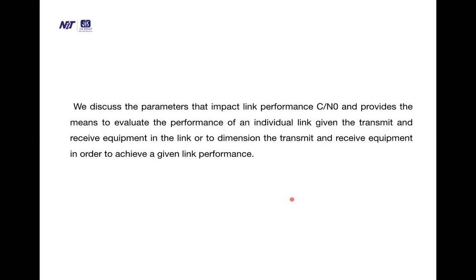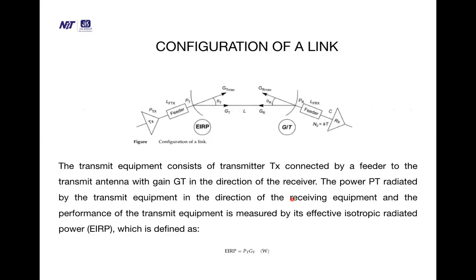We discuss the parameters that impact link performance C/N0 and provide the means to evaluate the performance of an individual link given the transmit and receive equipment in the link, or to dimension the transmit and receive equipment in order to achieve a given link performance.